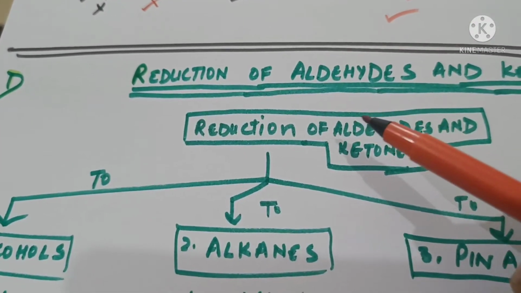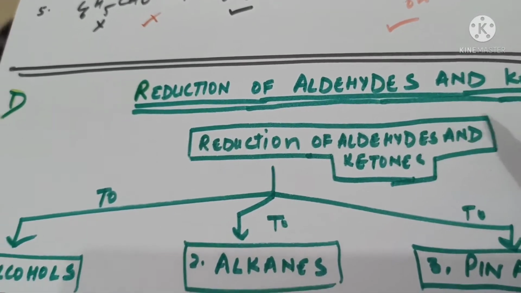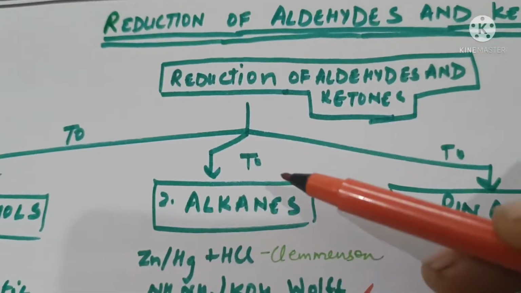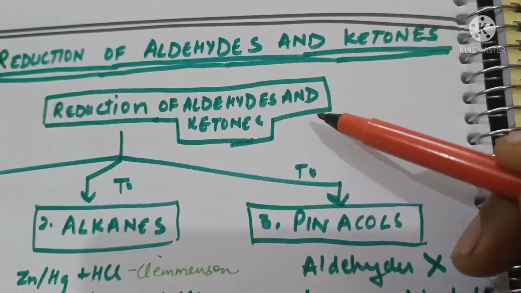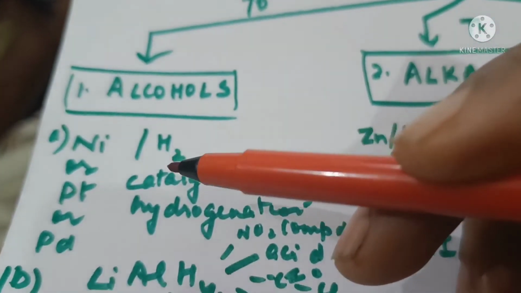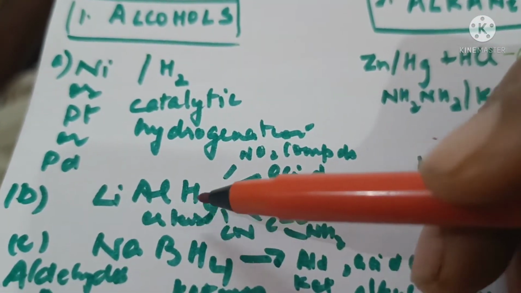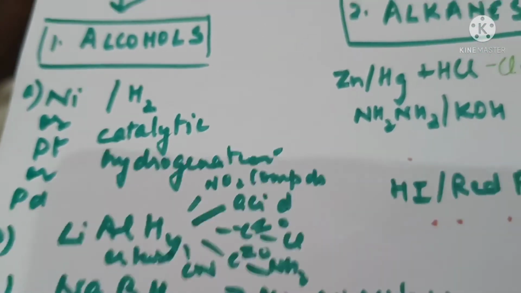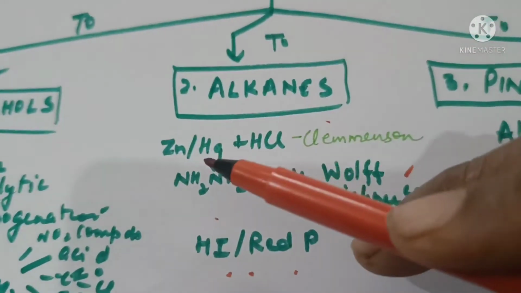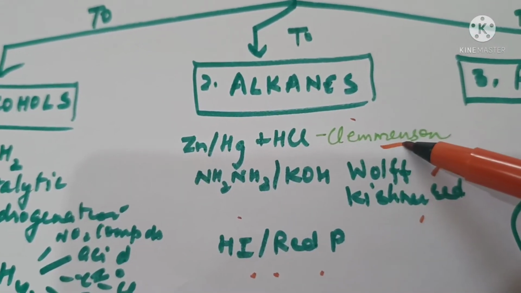Next is reduction of aldehydes and ketones. So we can reduce aldehydes and ketones to alcohols. We can also reduce aldehydes and ketones to alkanes, and we can reduce aldehydes and ketones to pinacols. To alcohols, we can do by catalytic hydrogenation or with lithium aluminum hydride and sodium borohydride. We can reduce aldehydes and ketones to alkanes by zinc amalgam and hydrogen chloride. This is Clemmensen reduction.